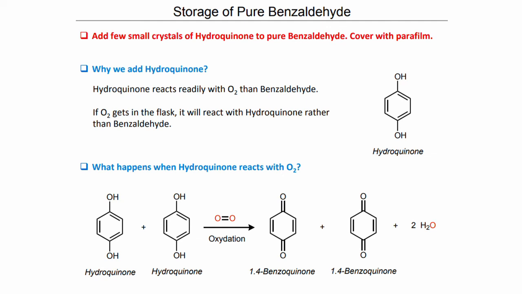It undergoes the same type of oxidation reaction, so we have two hydroquinones that can undergo oxidation, where the alcohols become carbonyls. Because this reaction is faster, we end up removing most of the oxygen in the beaker, so our benzaldehyde should be safe.